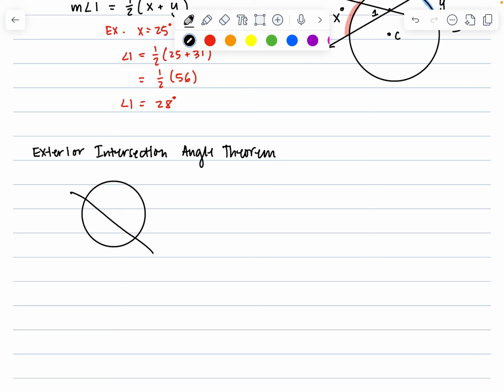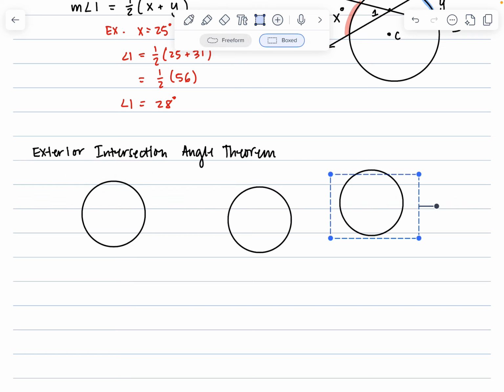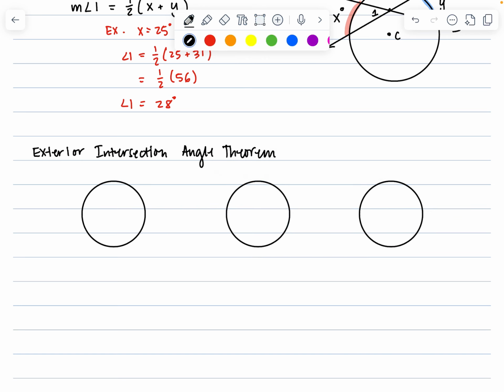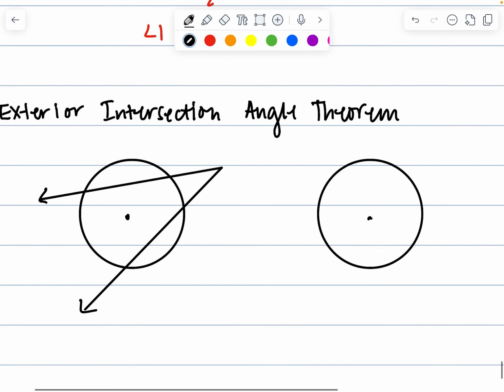Copy, paste, paste. All right, so we have 3 different scenarios that could happen. Let's just draw some centers. First option is what happens if I have a secant and a secant, where the intersection is on the exterior. I'm going to call this angle 1 again.